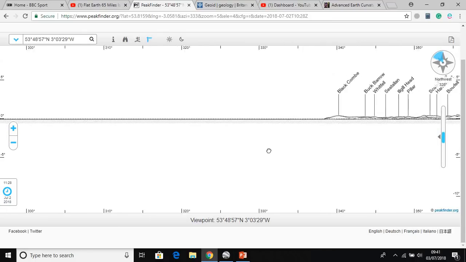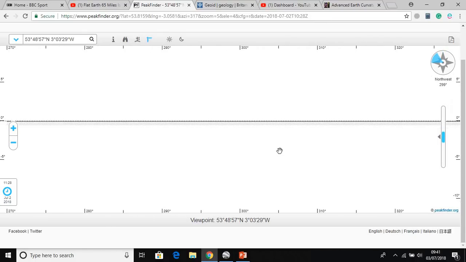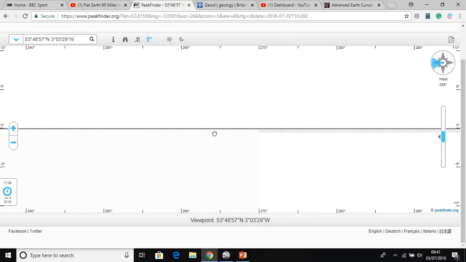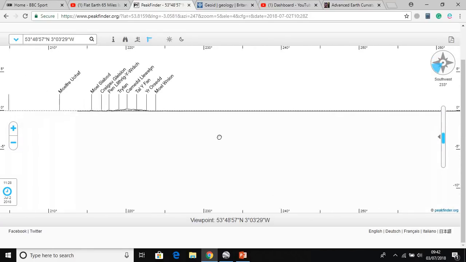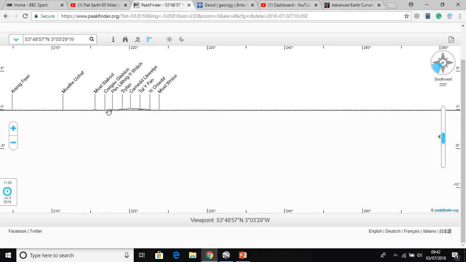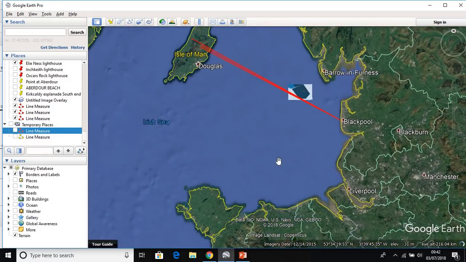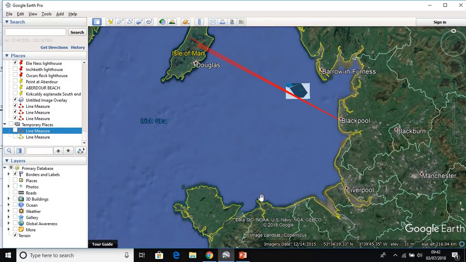As you pan round towards North Wales, you don't see any sign of Snaefell at all on the Isle of Man, and you get all the way around to the Welsh mountains here. I thought the camera might have been pointed at the Welsh mountains from Blackpool. It's a similar distance to the Isle of Man, and these mountains are much higher, so would be more likely to be visible, and as PeakFinder shows, they are visible from 0 feet.